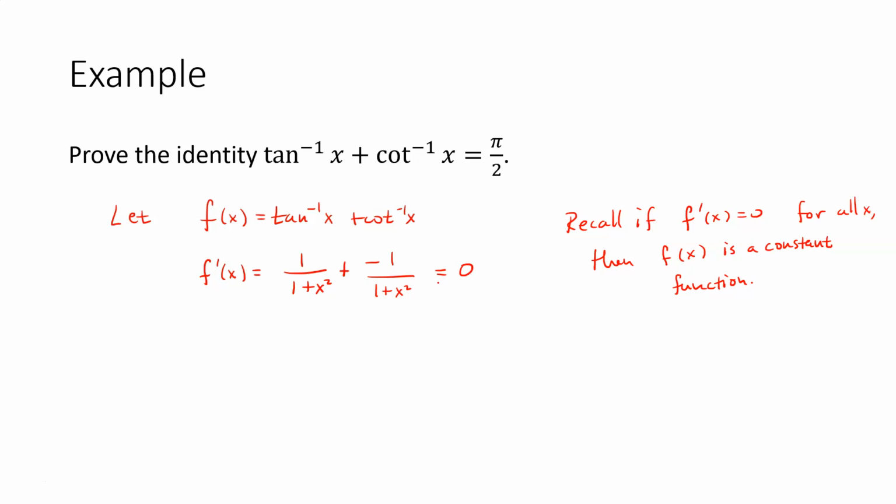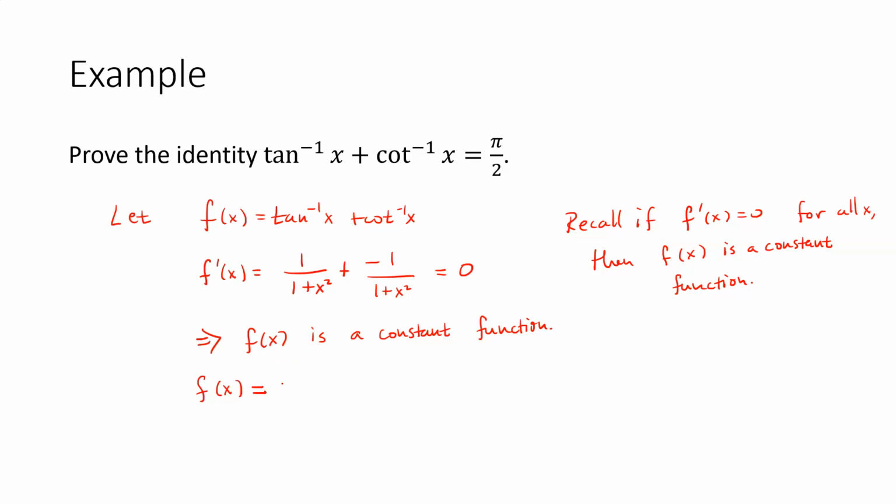And that's exactly what we have here. We've shown that f prime of x will equal 0 for all x. Therefore, f of x is a constant function. In which case here, we could say that f of x must equal some constant.